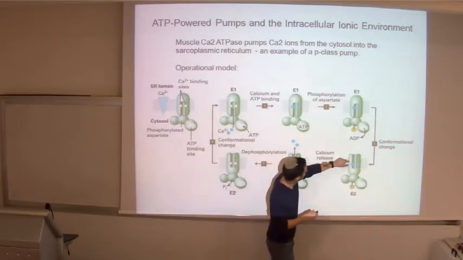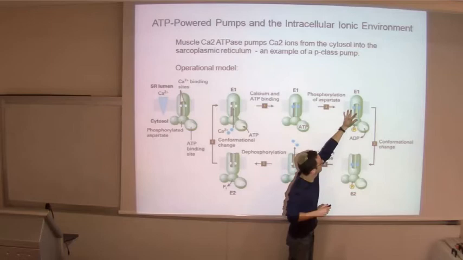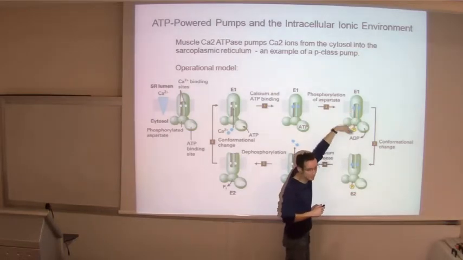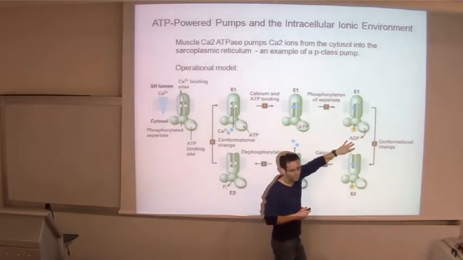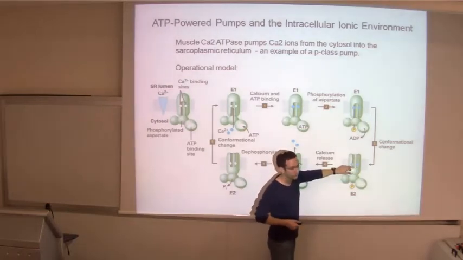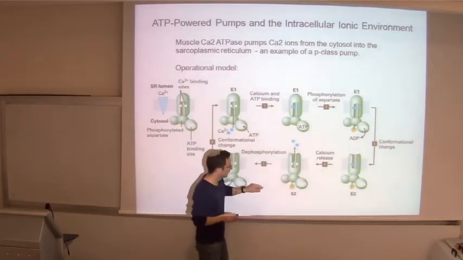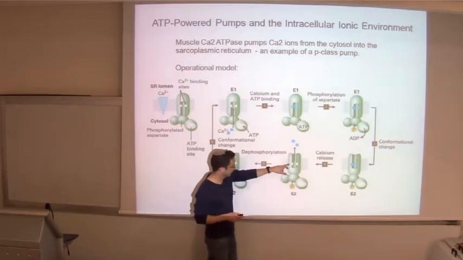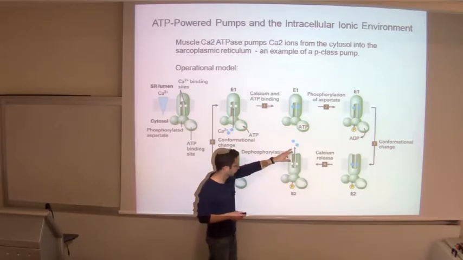And the conformational change drives, so if in E1 the calcium binding sites face the cytosol, now it's the other way around, and these binding sites face towards the SR. In this conformational change, the affinity, the strength in which these calciums bind to their binding site, decreases rapidly, and they are released from the binding sites into the SR. SR gains another additional 2 calciums.